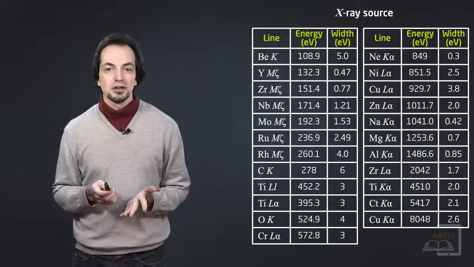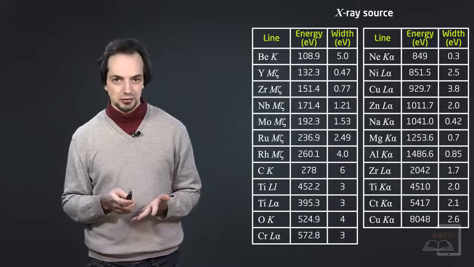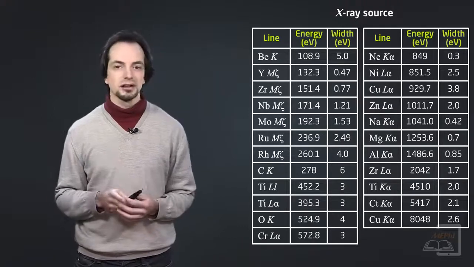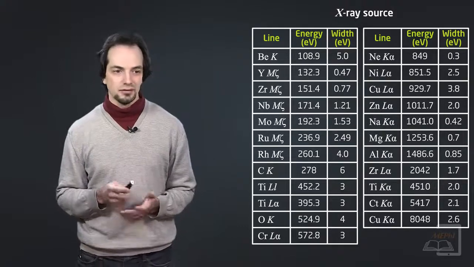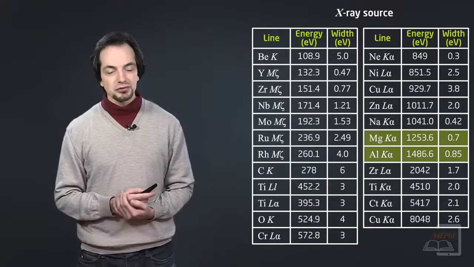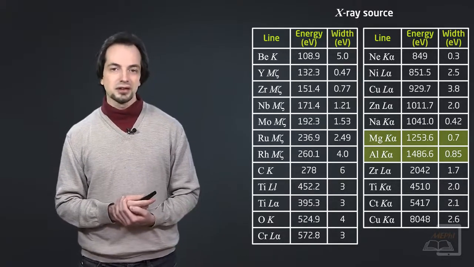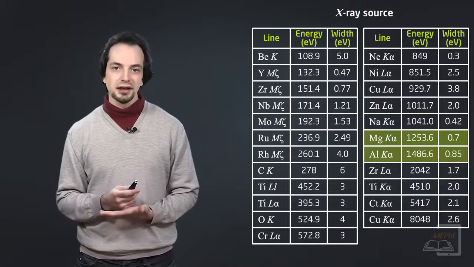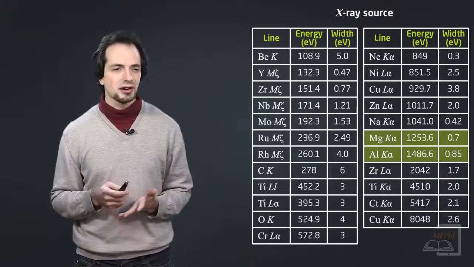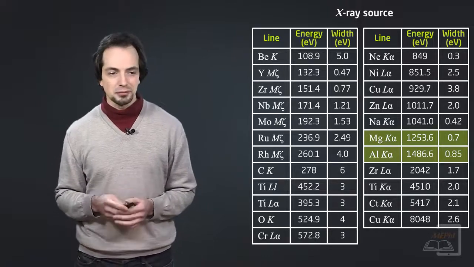And we must also consider the energy of the peaks. We want it to be higher so that more electrons could be ionized with those photons. And it turns out that there are two most favorable atoms that will emit high energy and monochromatic characteristic X-ray radiation. These are aluminum and magnesium.